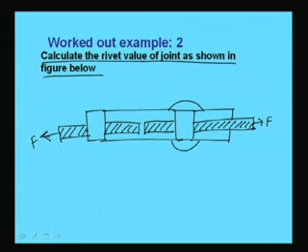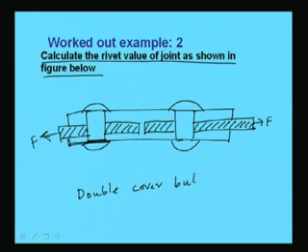So, how to calculate the strength of that butt joint we will see here. So, these are the two rivets, right. So, double cover butt joint. Now, these are the covers. This cover's thickness is given as 8 mm.